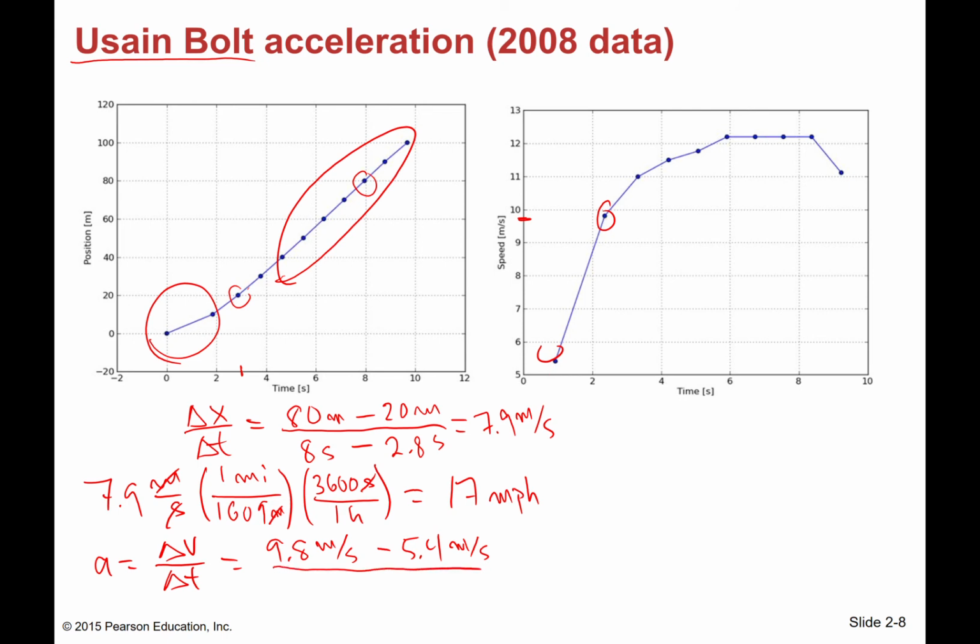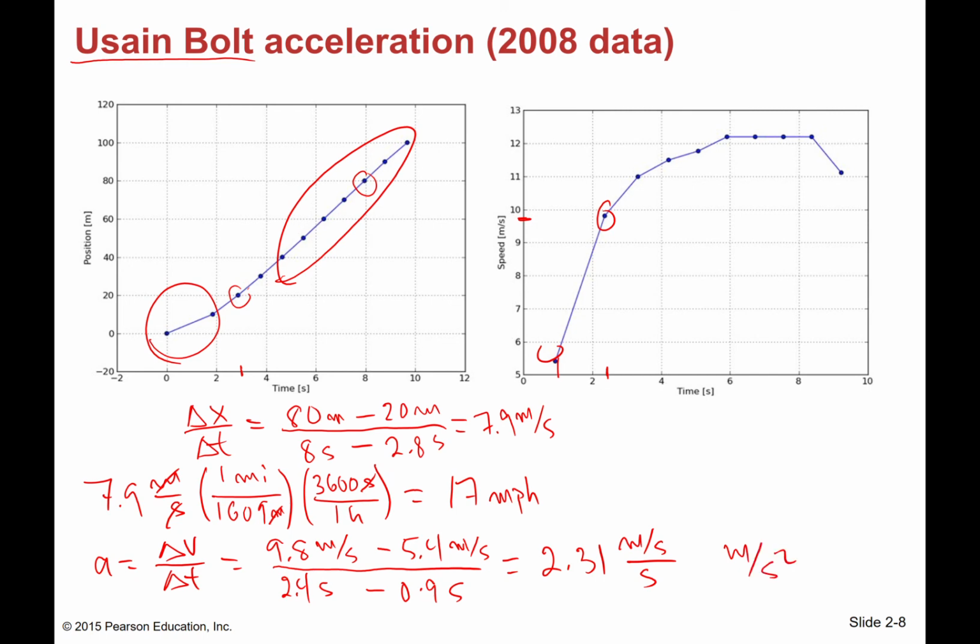Then I'm going to divide by T. So I'm going to say the time there is roughly about 2.4 seconds. And the time here, I'm going to say that is roughly 0.9 seconds. So then if I do this math quickly, I'm going to get that this is 2.31. What are the units? The units are meters per second every second, or meters per second squared.